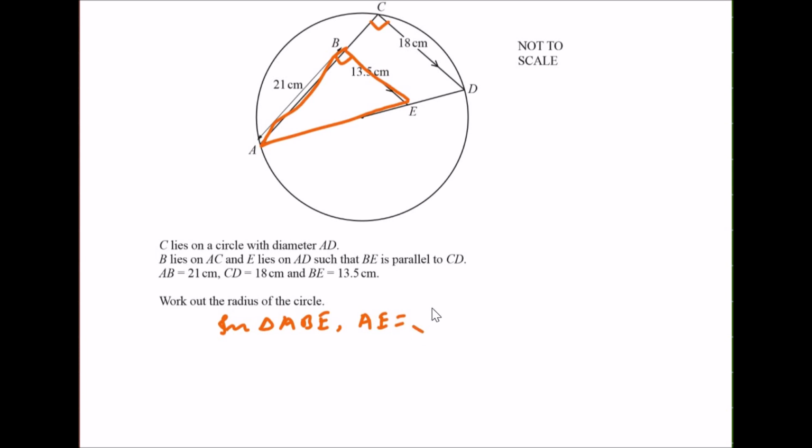So hypotenuse will be found by the square of the first leg and then square of the second sum, and then take the square root. So we have 21 square plus 13.5 square, and if you calculate this, we get 24.965.